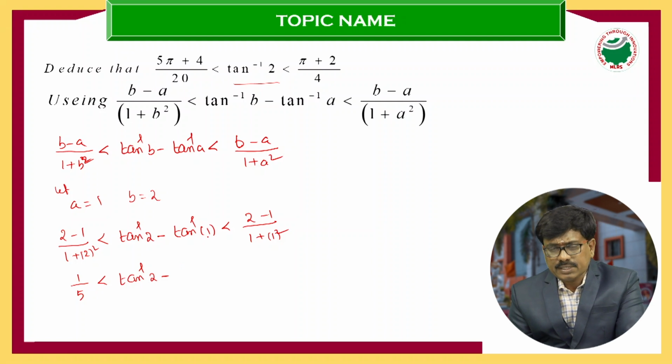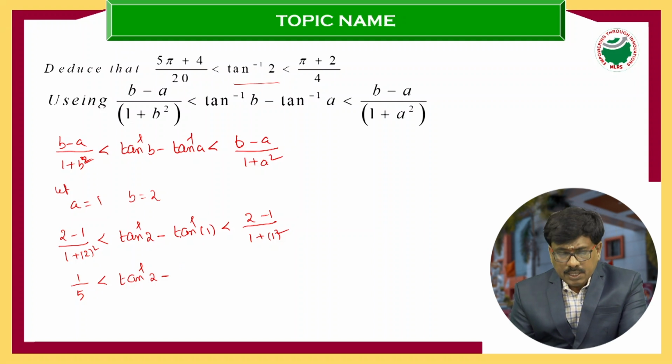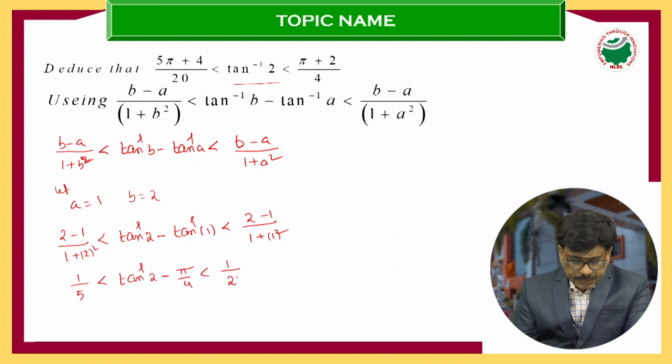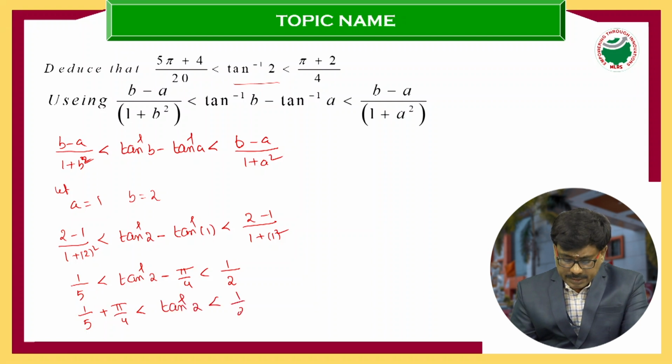1 already I told, 1 can be written as tan pi by 4. Tan inverse of tan pi by 4 is nothing but pi by 4, less than 1 by 2. Now, how can you write this? 1 by 5 plus, I am going to add pi by 4 to this inequality, plus pi by 4 less than tan inverse of 2 less than 1 by 2 plus pi by 4.